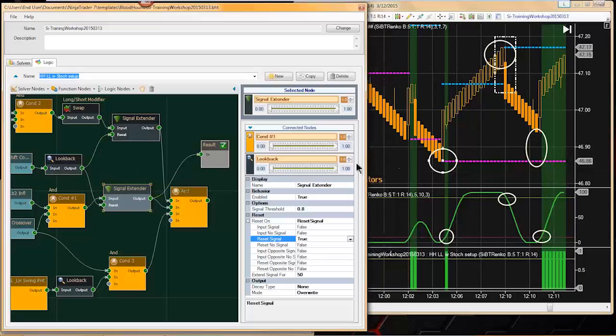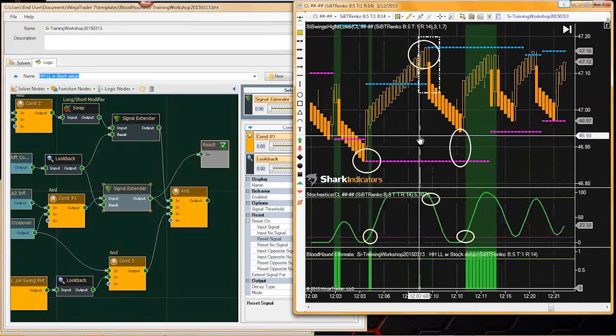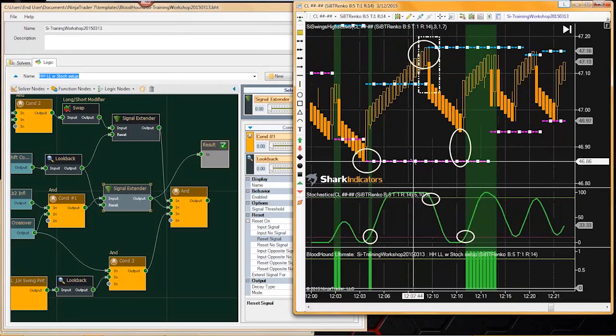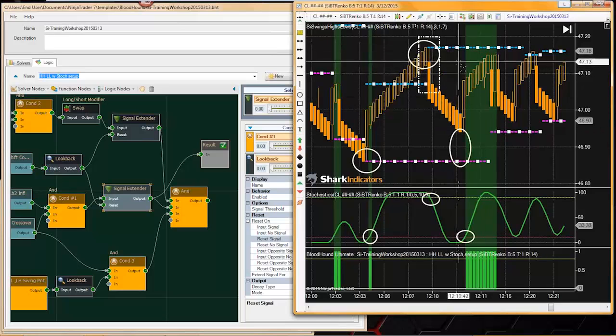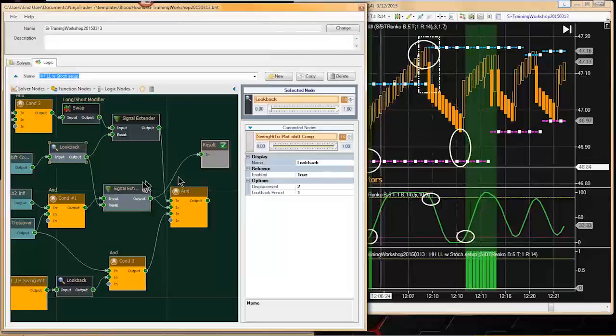Oh, and let's see. Since we're using the opposite swing plot here, I don't think we need to use this look back anymore. I don't think we need to shift the signal forward.